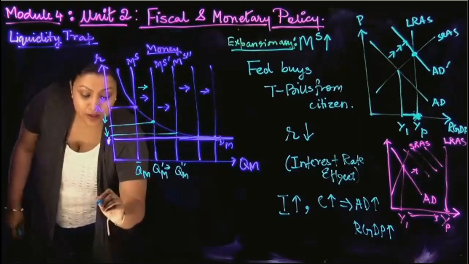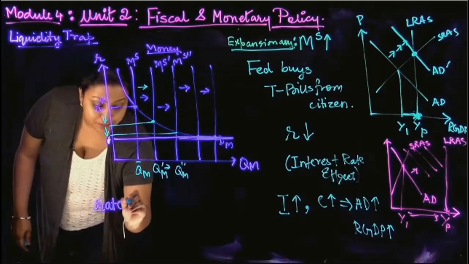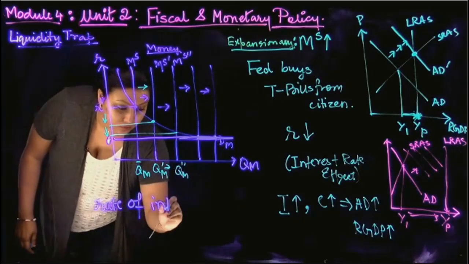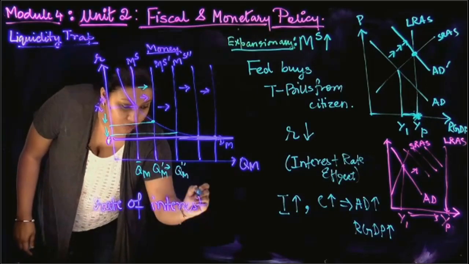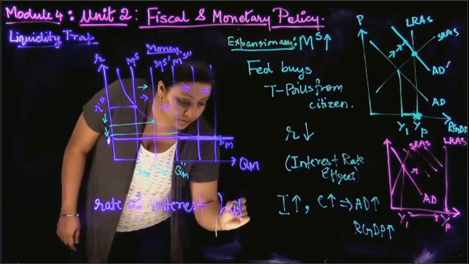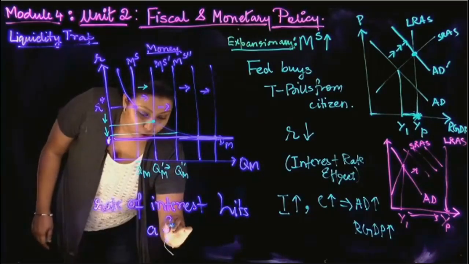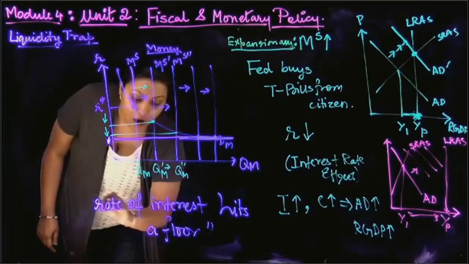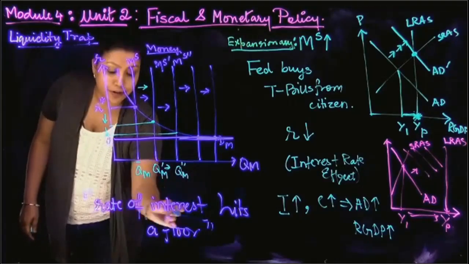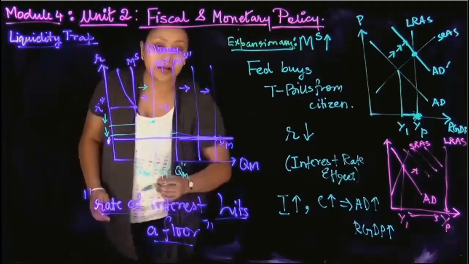In other words, the rate of interest hits a floor. It cannot go down anymore. The rate of interest R cannot go down anymore.